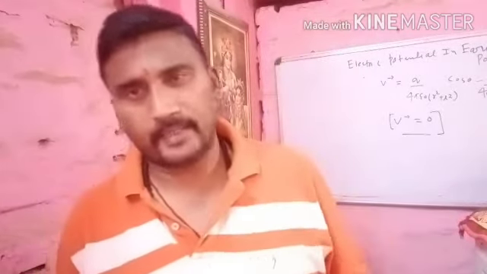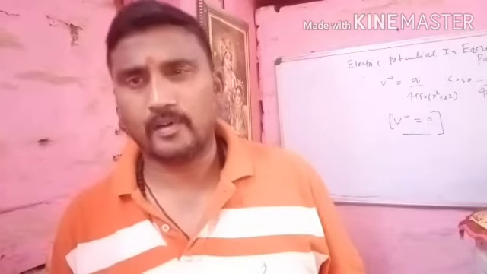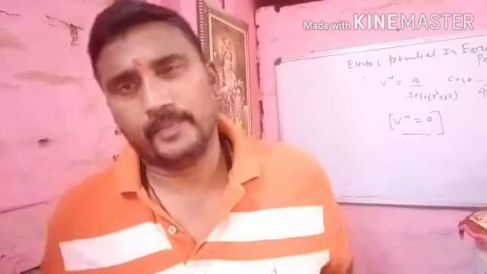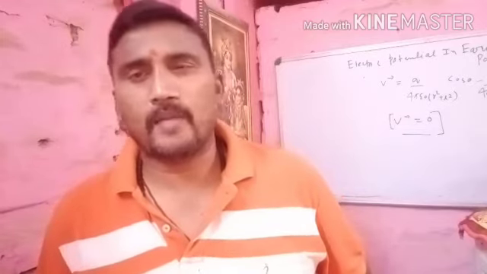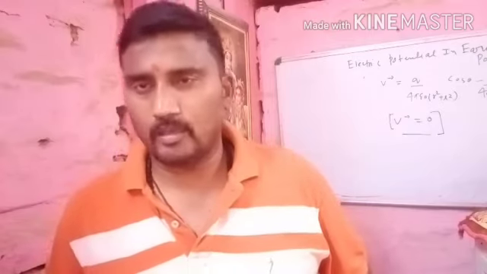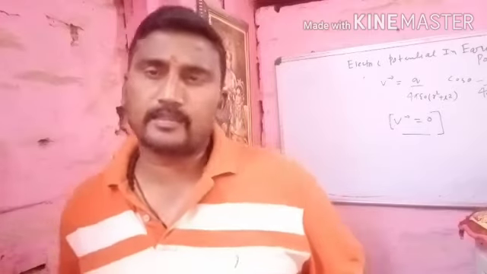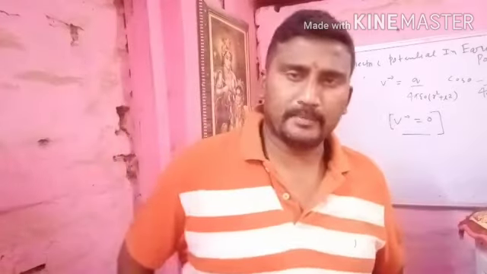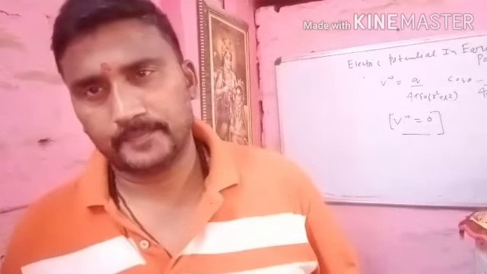We observe that the two opposite charges are plus Q and minus Q, therefore its value will be Q upon 4 pi epsilon naught, root r square plus l square, into cos theta, and for the other charge, minus Q upon 4 pi epsilon naught, root r square plus l square, into cos theta.